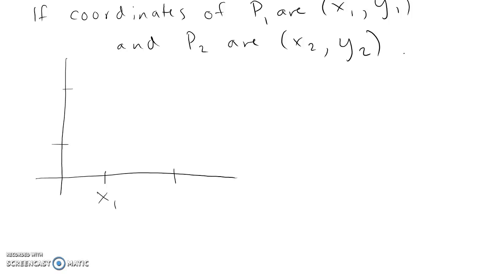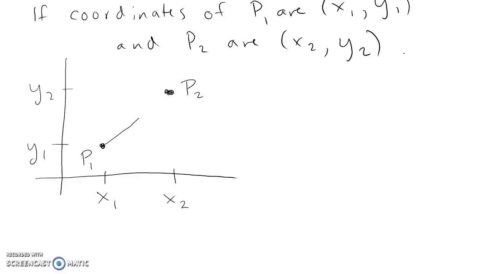We'll call this coordinate x1 on the x-axis, this one x2, and similarly we have coordinates on the y-axis, y1 and y2. So point P1 will be here with coordinates x1, y1, and P2 will be here with coordinates x2, y2.